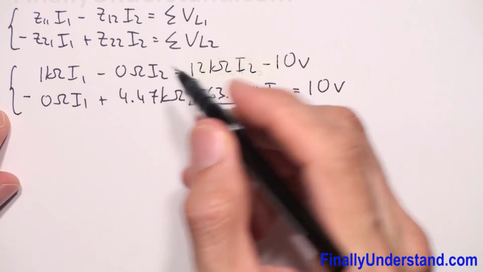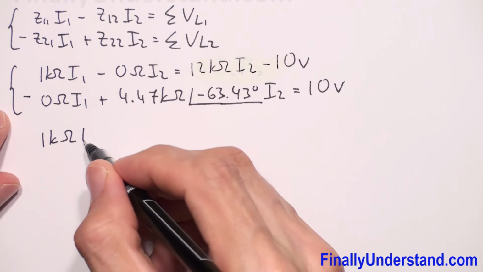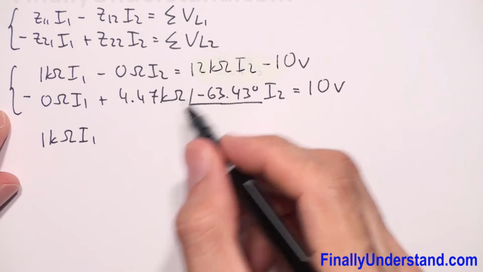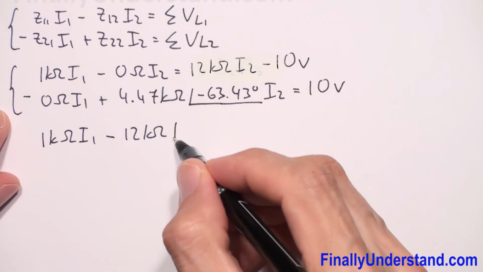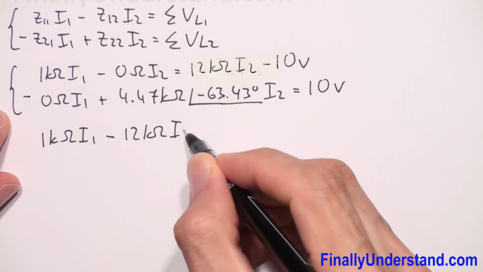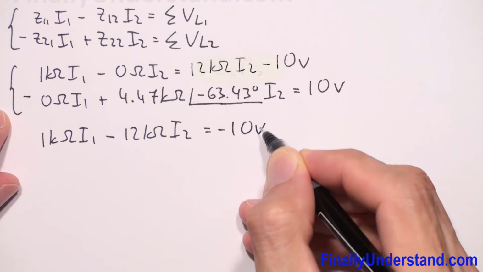I'm going to move this to the left side. So I have 1 kilo ohm, I1, and I'm going to have minus 12 kilo ohms, I2, okay, and this is equal to minus 10 volts.